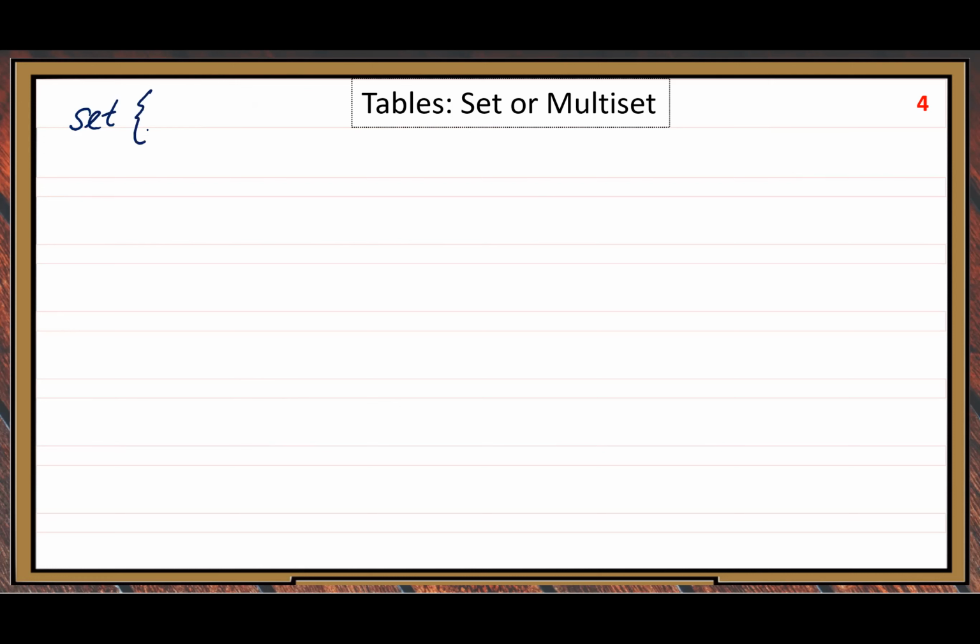First, unordered: the elements are unordered. We discussed that in the previous slide. Second, another property, uniqueness.